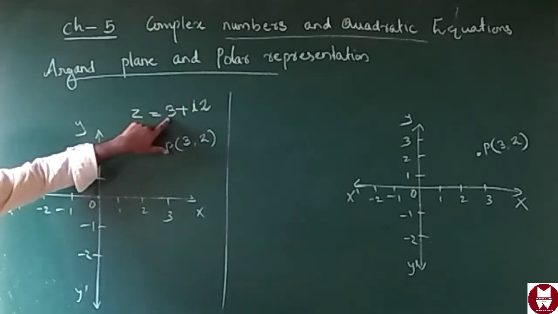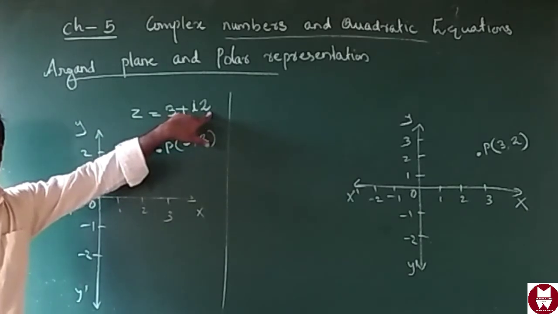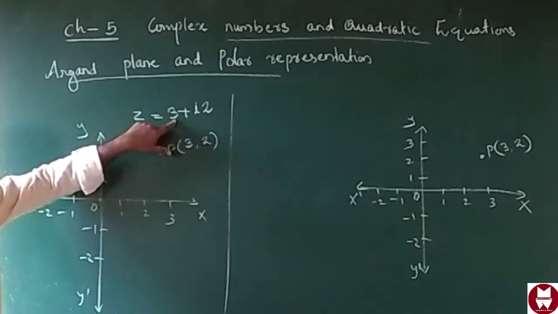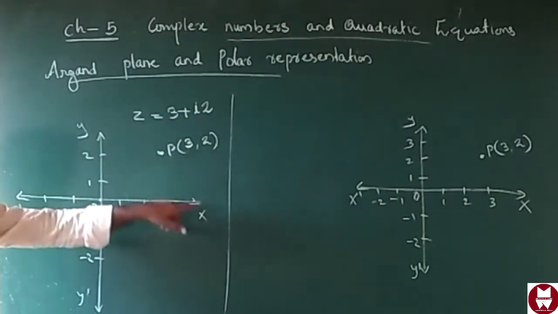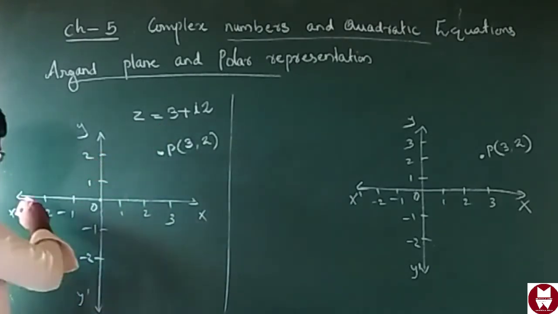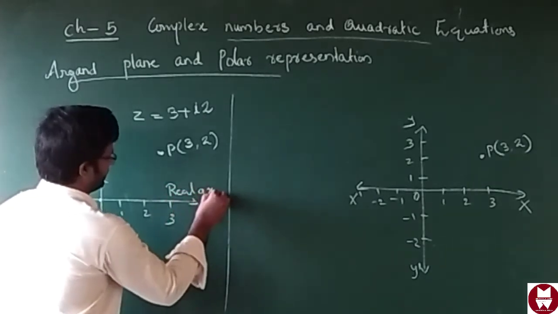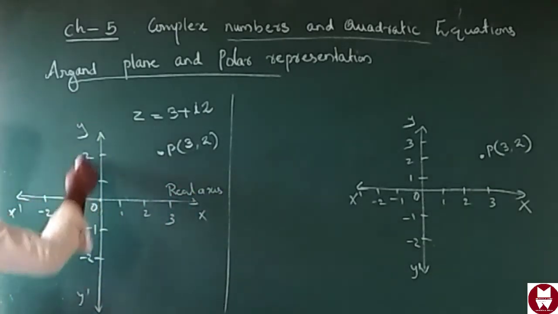This 3 is the real part of the complex number, then 2 is known as the imaginary part of the complex number. And this 3 from the x axis is a real part only. That's why we can say the x axis is the real axis.